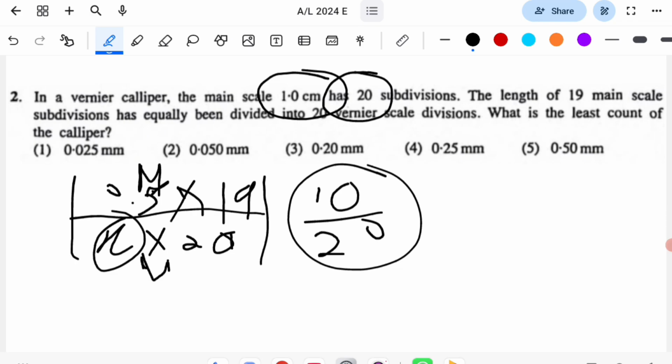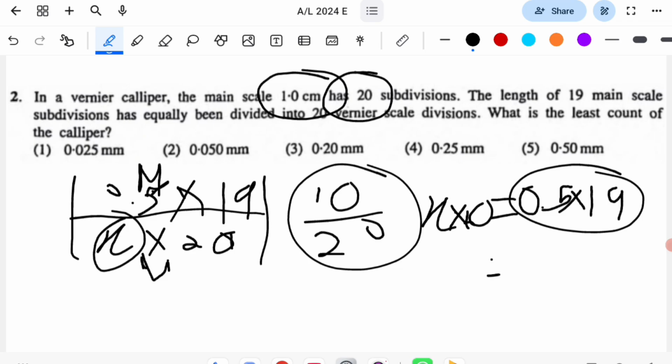Then we can get 0.5 times 19 equals x times 20. 0.5 times 19 is 9.5, divided by 20 is the length of one vernier scale division in millimeters.